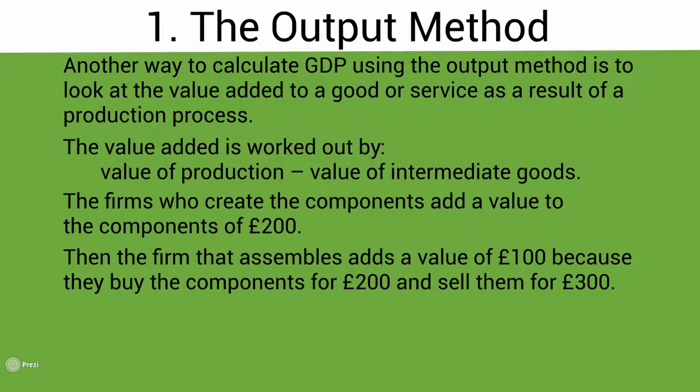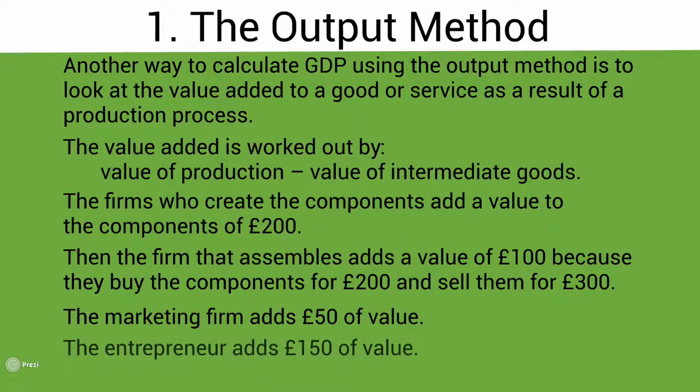The firm that assembles the components adds a value of £100, because they buy the components for £200 and sell them for £300. The marketing firm then adds £50 of value, and the entrepreneur adds £150 of value, which is their profit for bringing all of the factors of production together and having the idea and the money to finance it.